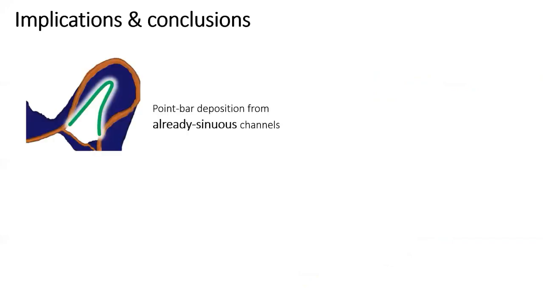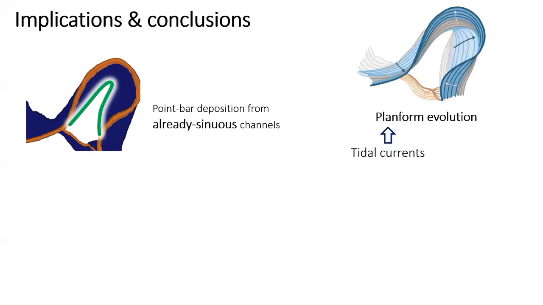Indeed, for example, we observed that meanders of tidal channels can arise from already sinuous morphologies, and this highlights in the Venice Lagoon the importance of piracy and connection events between adjacent tidal channels on the development of new recirculation patterns between tidal channels.